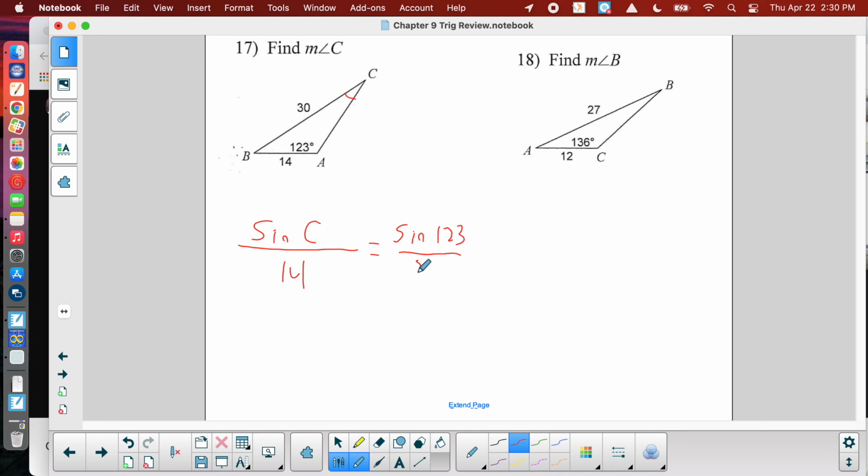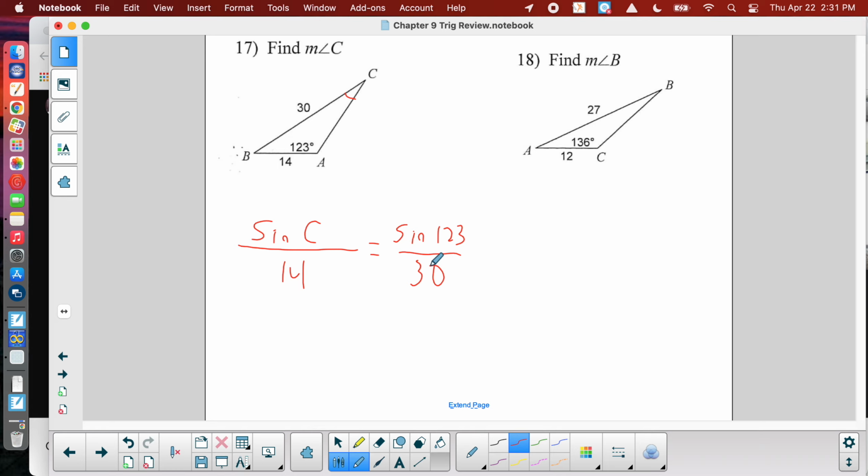I have seen a couple people who are trying to drop the word sine there. If you don't put the word sine in there, it's not the law of sines anymore. It's not the measure of the angle versus the measure of the side. It's the value of the sine of that angle measure versus the length of the side.